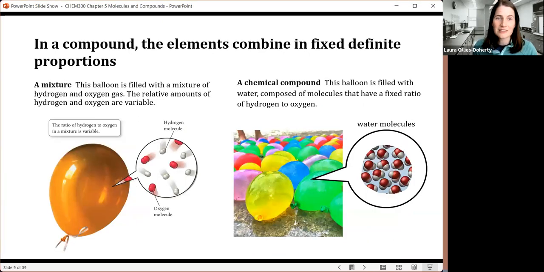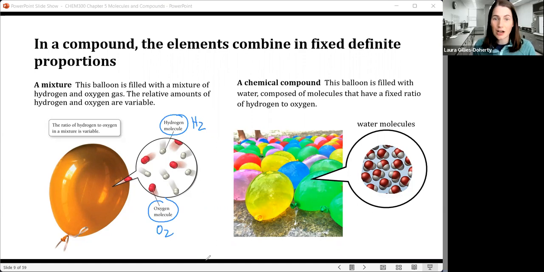In compounds, the elements combine in fixed, definite proportions. This is different than a mixture. So in mixtures, say a balloon filled with oxygen and hydrogen, the ratio between oxygen and hydrogen can change in that balloon, depending on how much oxygen gas you pump in and how much hydrogen gas you pump in.